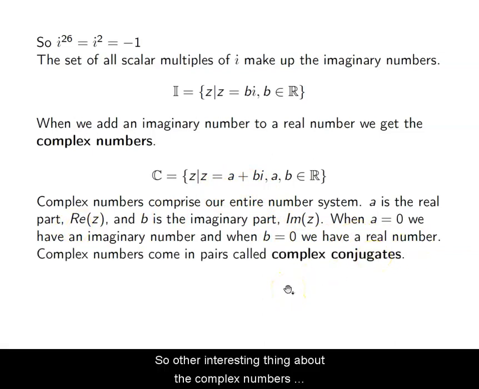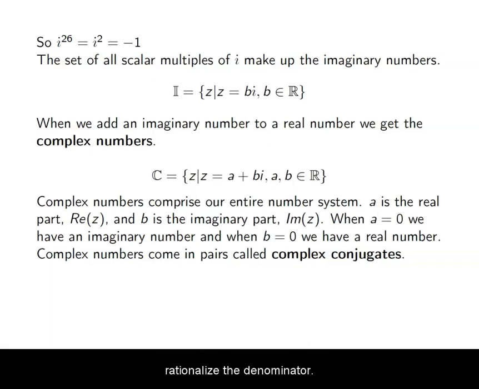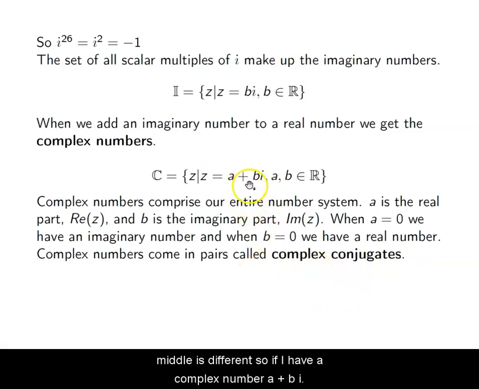So the other interesting thing about complex numbers is that they come in pairs. We call these the complex conjugates. They're very, very similar to the radical conjugates that we used when we're trying to rationalize denominators. The a and b portions are the same in complex conjugates. However, the sign in the middle is different.